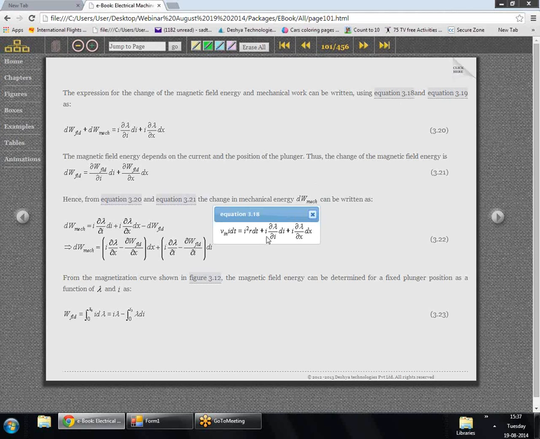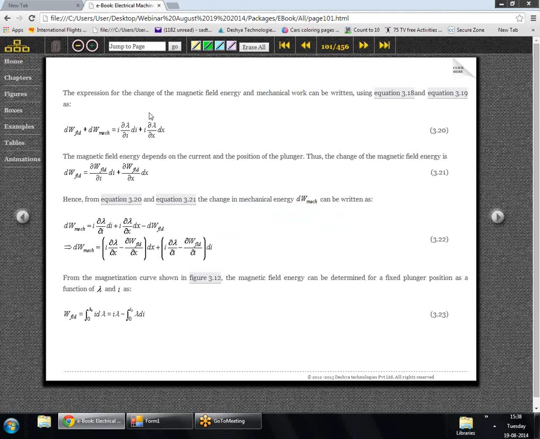So in equation 3.18, the middle term was the differential field energy, and the last term was the differential mechanical energy. And these are the two terms which we have represented here in equation 3.20.